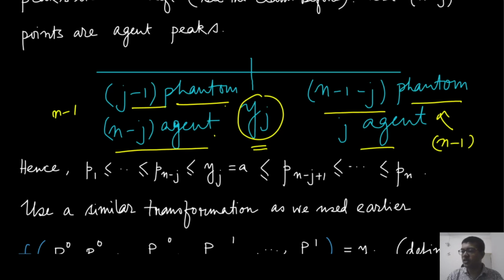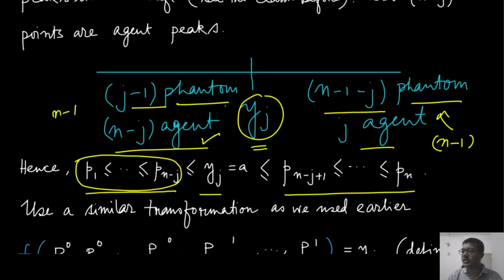Now we know that there are these n minus j, and we have also assumed that this ordering holds for the agent peaks as well. So these peaks are on the left hand side of yj, and the rest of the peaks are on the right hand side.